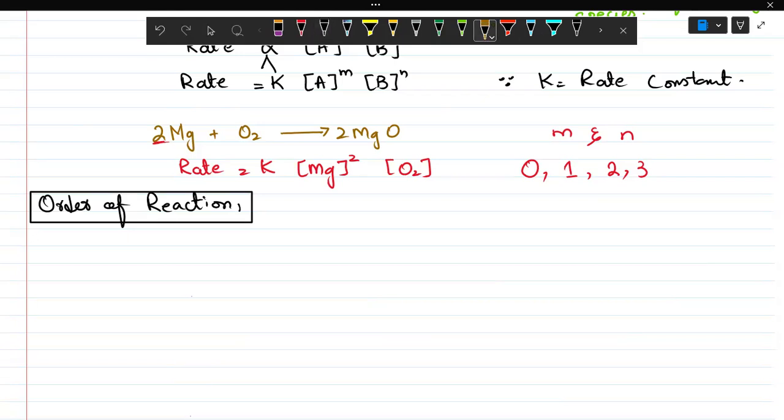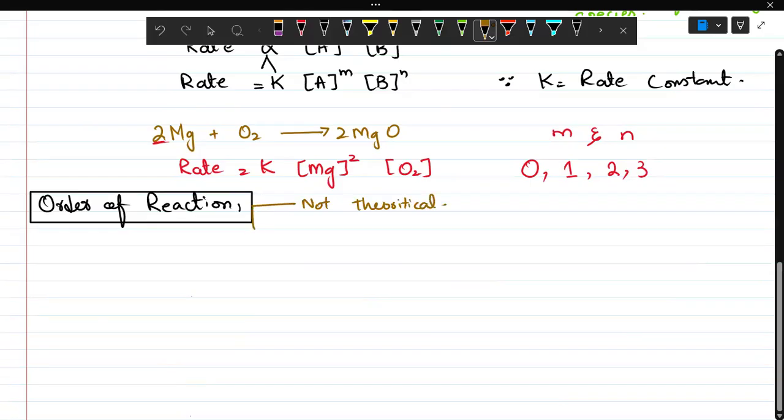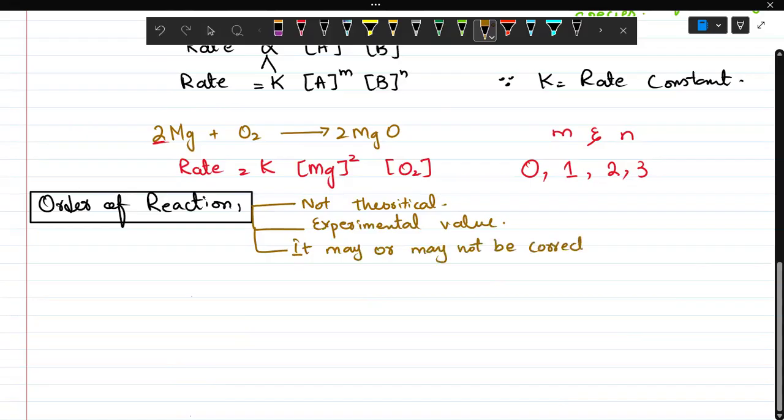Order of reaction is not a theoretical value, it is an experimental value. It may or may not be correct according to the equation. Is it clear?